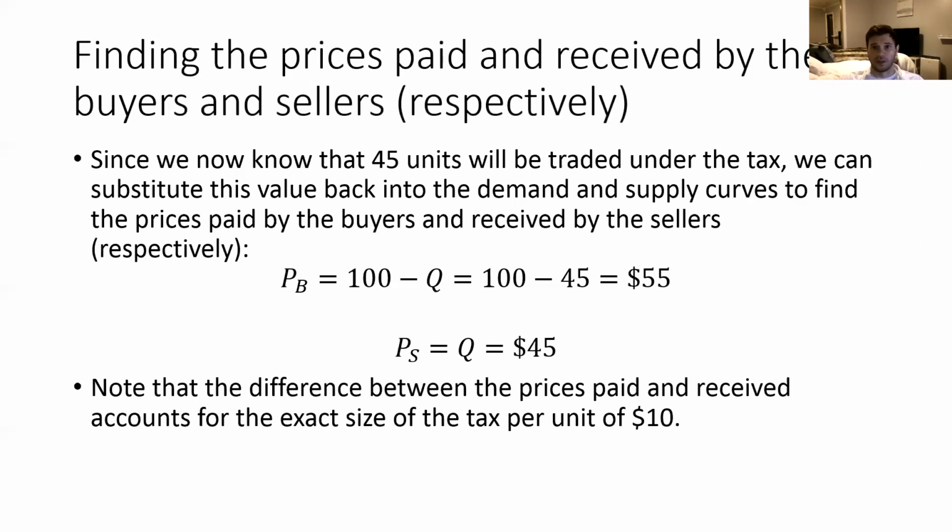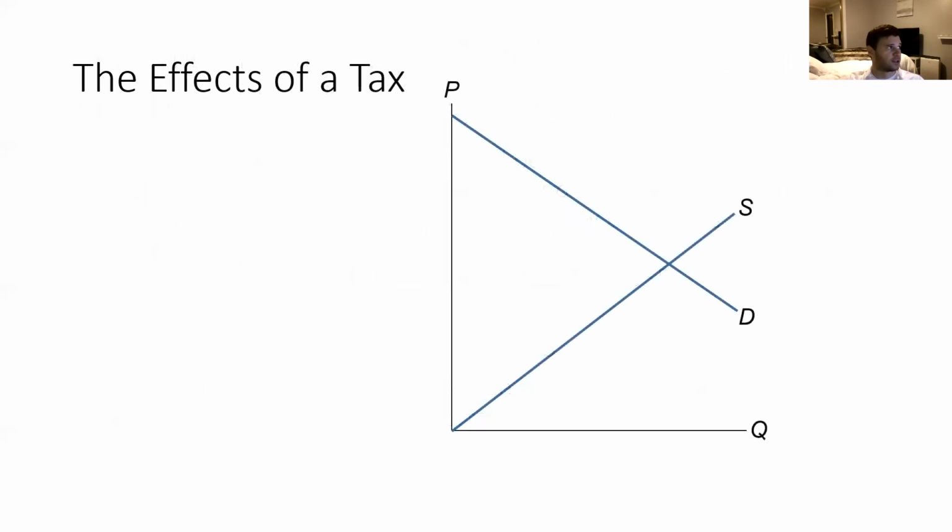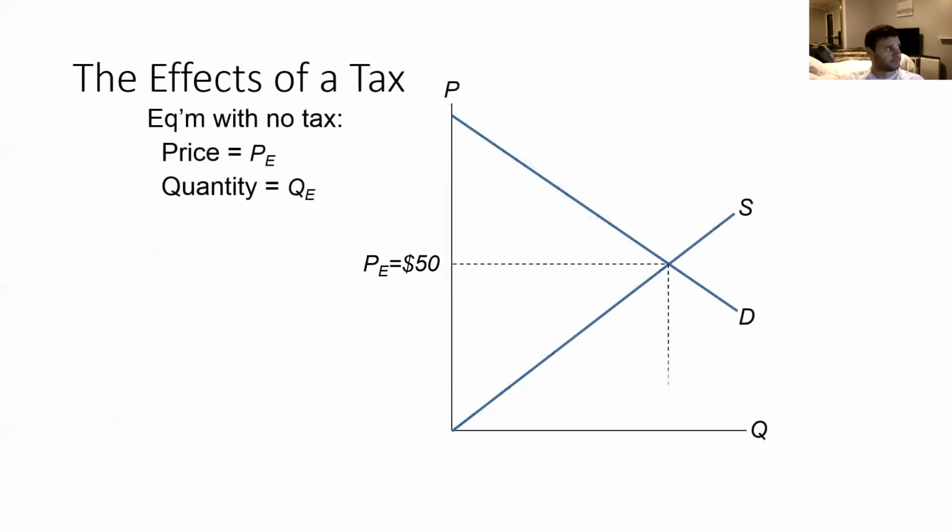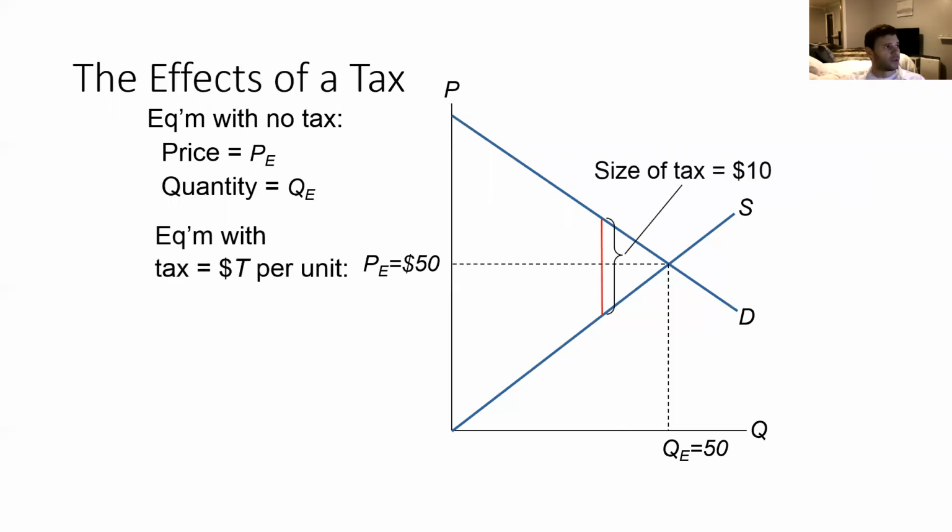All right, so just to convince you that we've really fully solved the problem here, if we wanted to, we could think about things like consumer and producer surplus. We could calculate elasticities of supply and demand at these allocations, because at this point we've solved for the equilibrium price and quantity. So I can compute the consumer and producer surplus in equilibrium. And with a tax of $10, we were able to compute the resulting price that buyers pay.